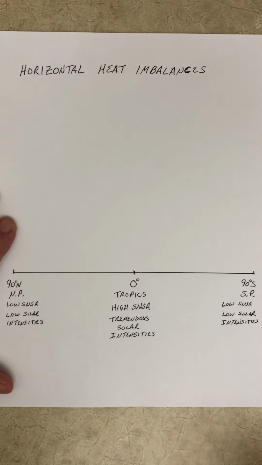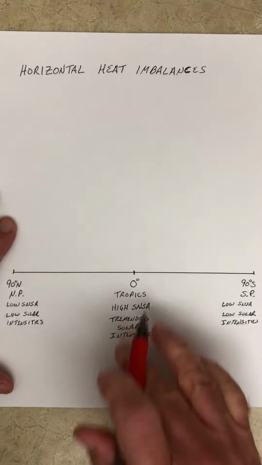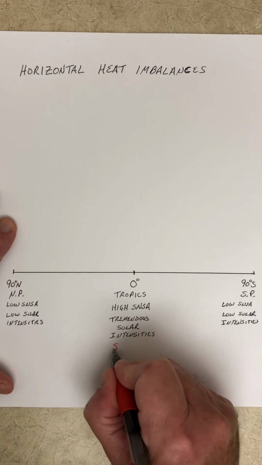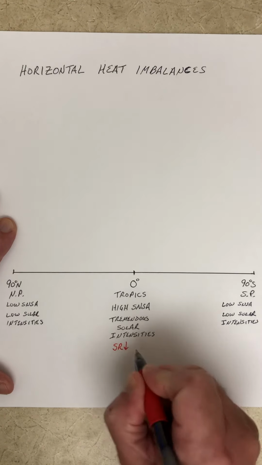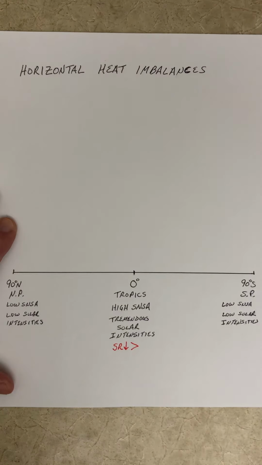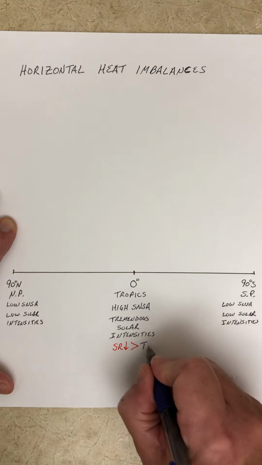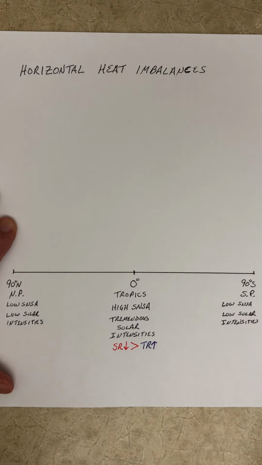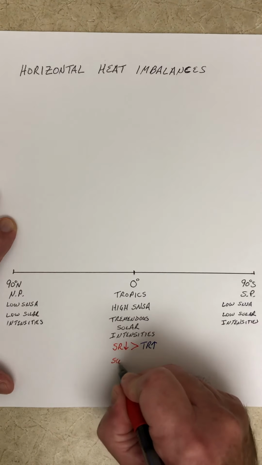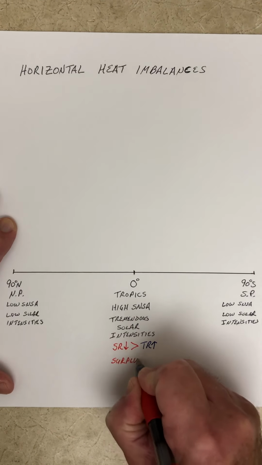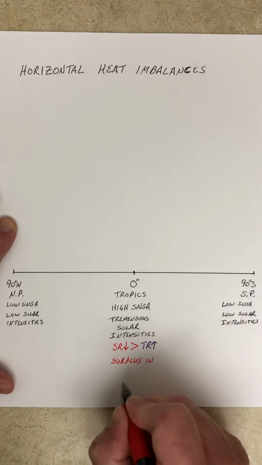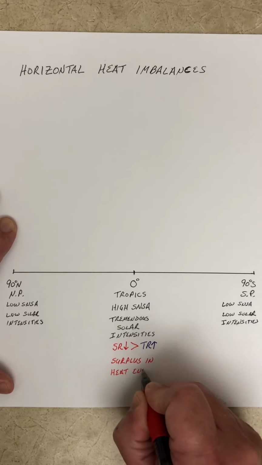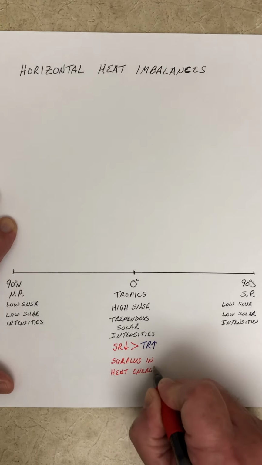All right, and so what this is going to mean is that in the tropics, where you have tremendous solar intensities, the incoming solar radiation is going to be greater than the outgoing terrestrial radiation. So you're going to build up heat in the tropics, and this is going to lead to a surplus in heat energy in the tropics.